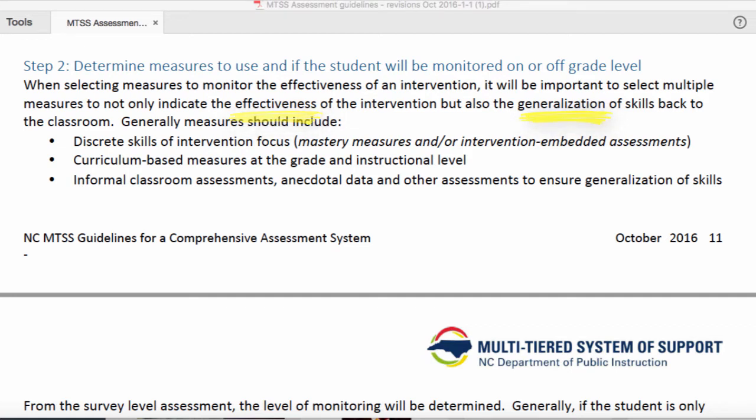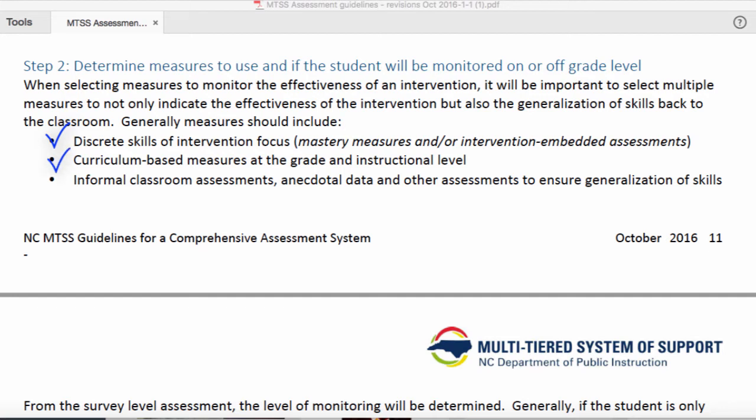Generally, these will include a measure that looks first at the skills being intervened upon. Okay, so this is the intervention focused. This could be a mastery measure. It could be an intervention embedded assessment. For Chris, our imaginary student, the team is using a standard reading intervention that includes a weekly measure of his progress through the intervention curriculum.